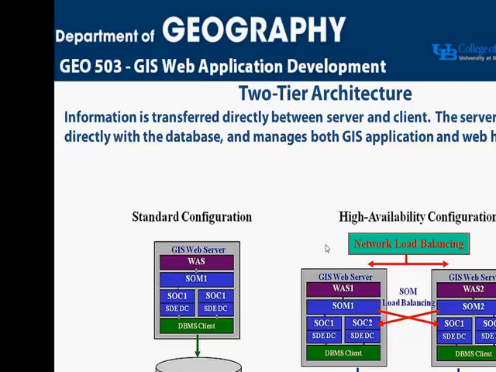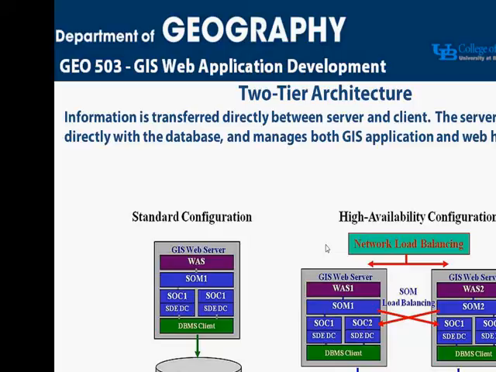In a two-tier architecture, the GIS web server is connected directly to the database, and the database and the web server are seamless, and then they go directly to your client, is a better way to put it.